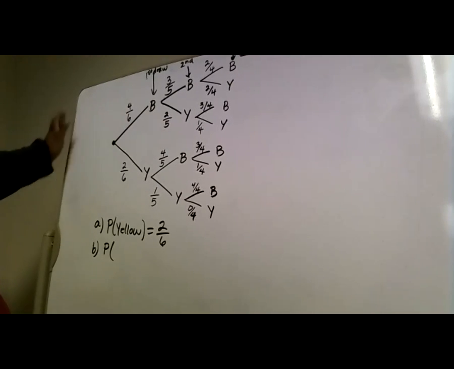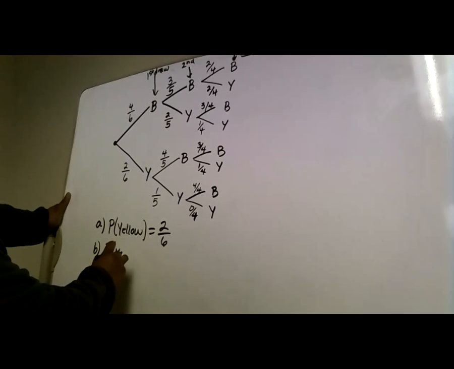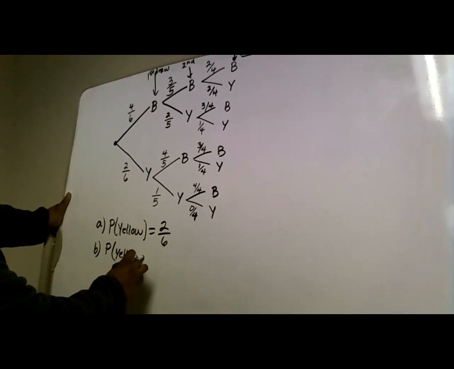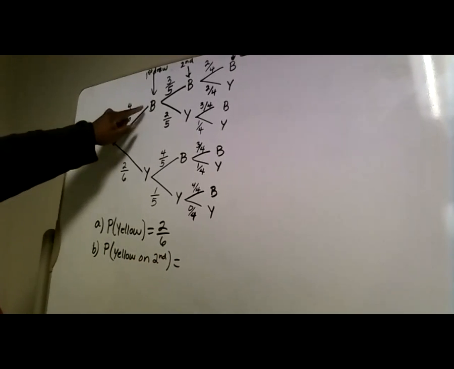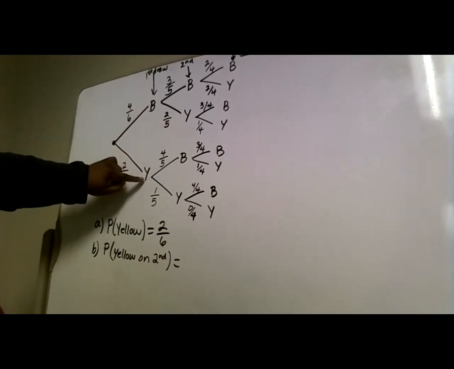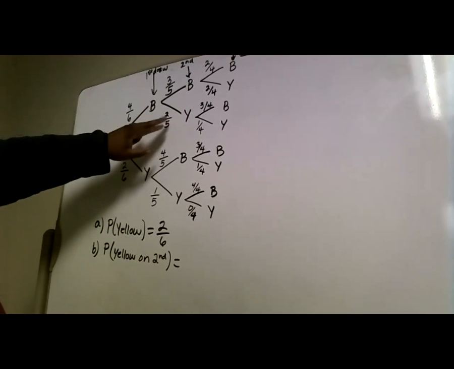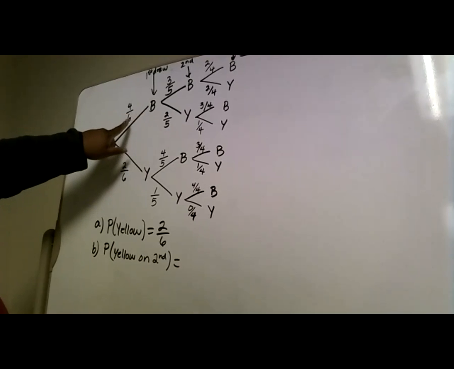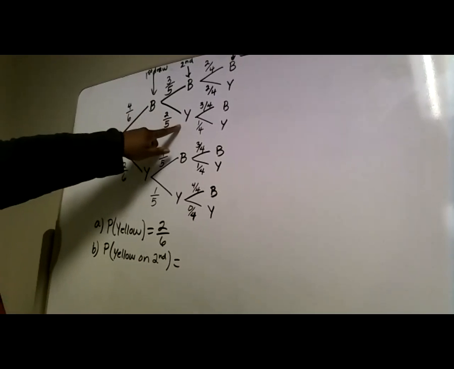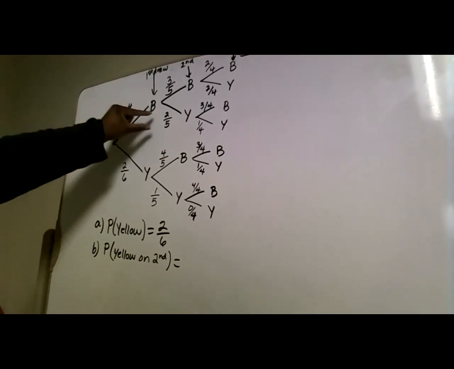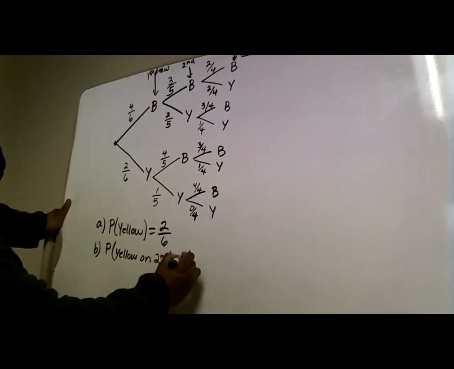Because we have to look at this right here. We can't look at this one because the first marble is yellow. We want to focus on the yellow on the second draw. That's this, from a blue to a yellow. That's 4/6 times 2/5.